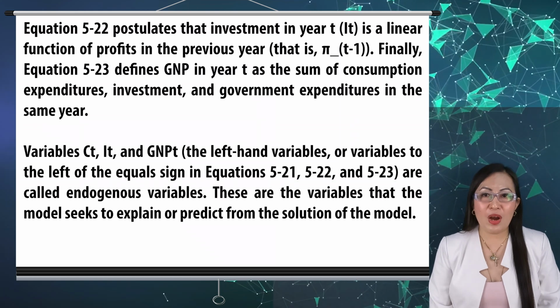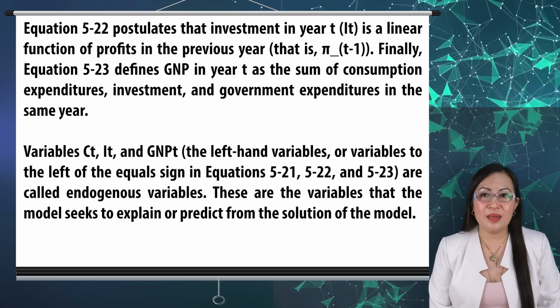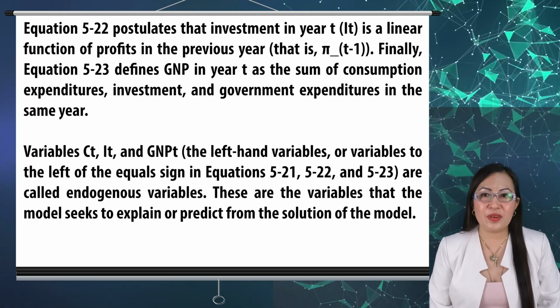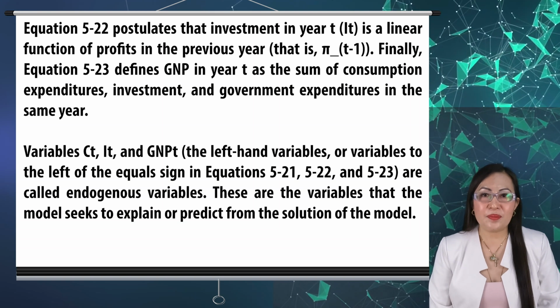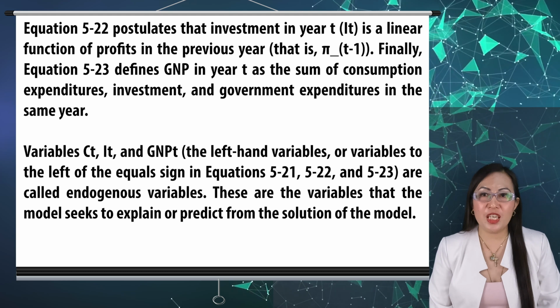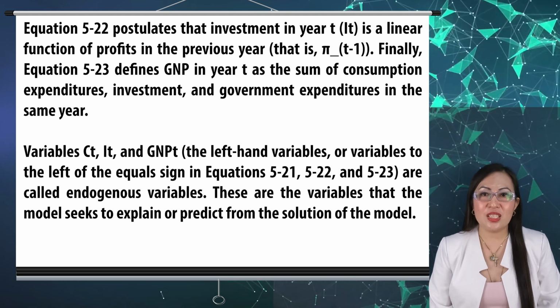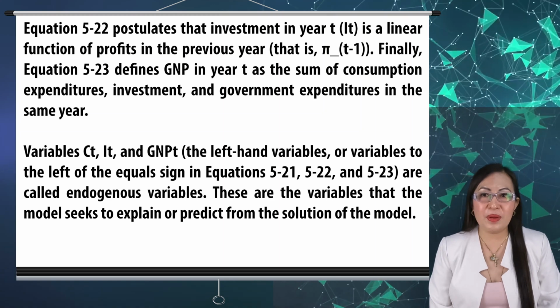And equation 5-22 postulates that investment in year t is a linear function of profits in the previous year, that is t minus 1. Finally, equation 5-23 defines GNP in year t as the sum of consumption expenditures, investments, and government expenditures in the same year.